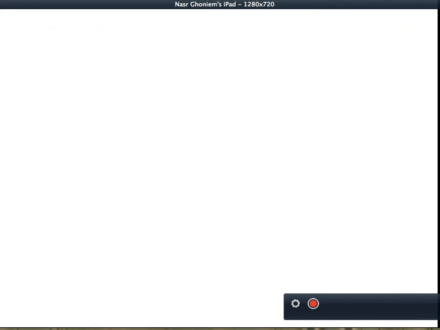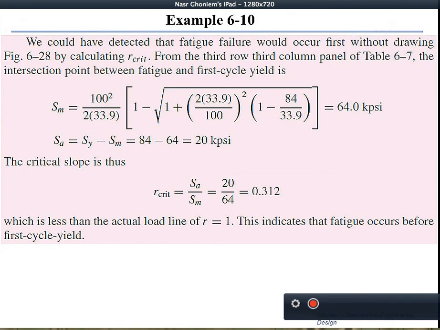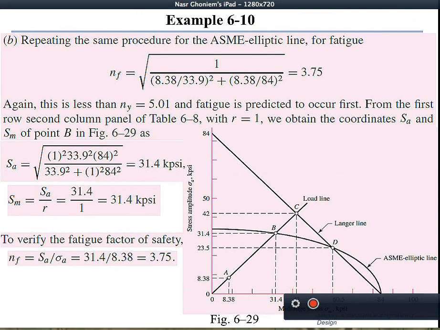We could do pretty much the same for the ASME, and I think I'm going to let you do that. Here's the ASME, for example. We can find the factor of safety.